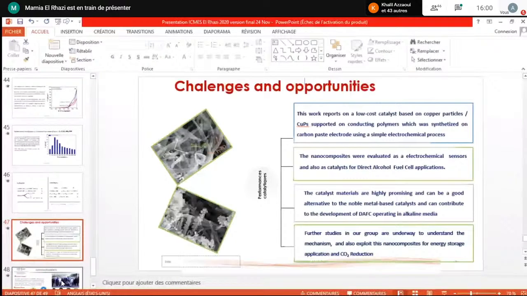The catalyst materials are highly promising and can be a good alternative to noble metal-based catalysts and can contribute to the development of direct alcohol fuel cells operating in alkaline media. Further studies in our group are underway to understand the mechanism of the reaction and also explore this composite for energy storage application and CO2 reduction.